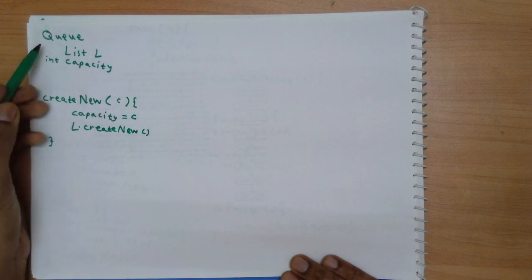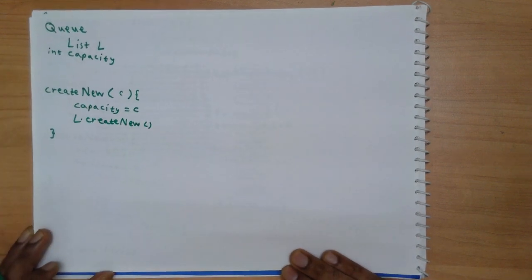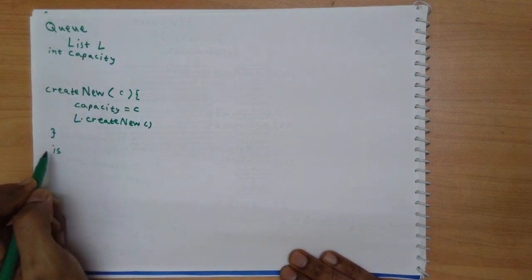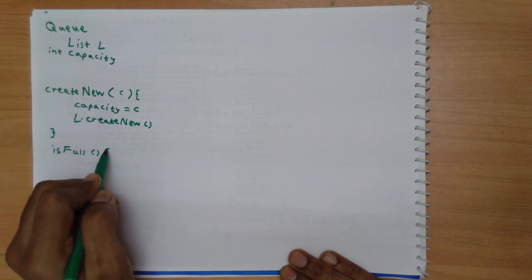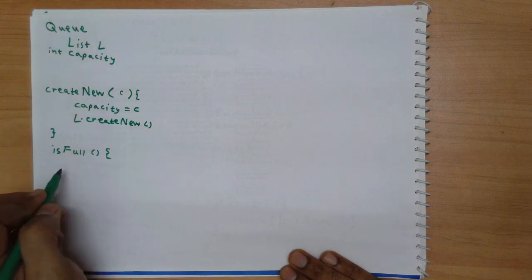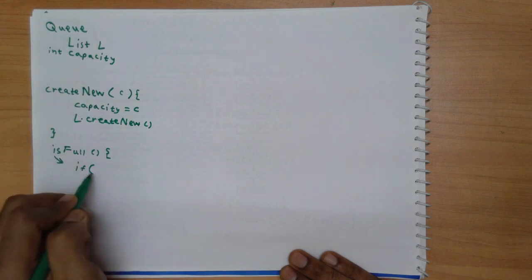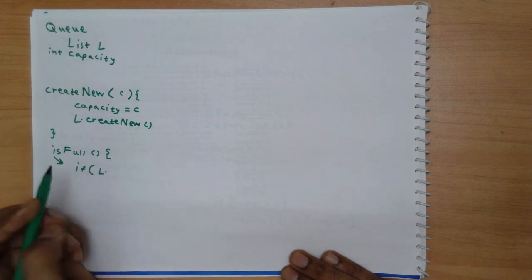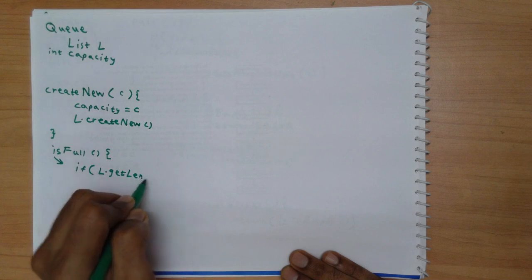Now I want to add something to my queue, and if you again remember, before adding we have to check if our queue is full. So let's first implement the is full operation on our queue. We'll check the number of elements in our queue, which will be obtained from list dot get length.